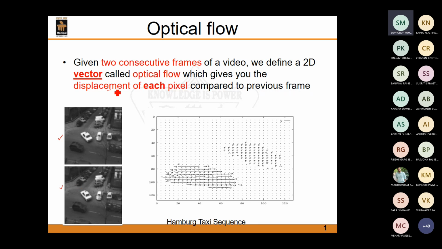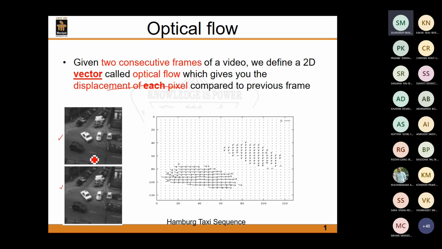I'm looking at the displacement of every pixel within the images, and from that I get information about the movement pattern, or how different objects in a given frame move. Now, in order to do this, let's say I have calculated the optical flow.